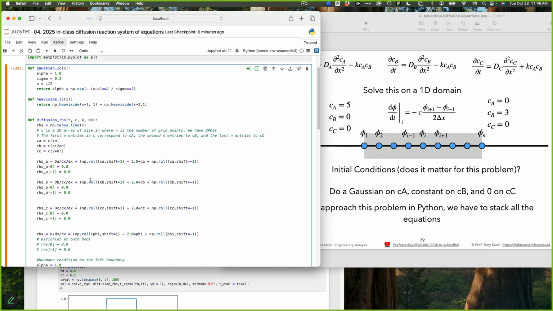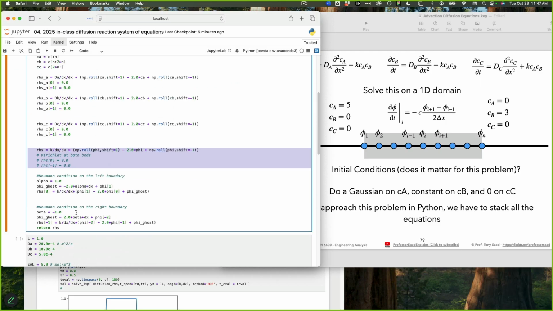Now, what do CB, CA, CC contain? They contain the values that solve IVP is working on. We're just updating them as it does the time advance. Once we do this, we're done. There's no Neumann, there's none of this stuff here.